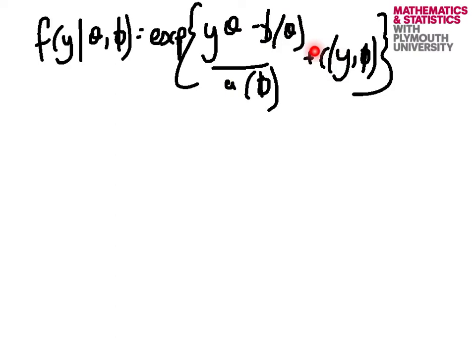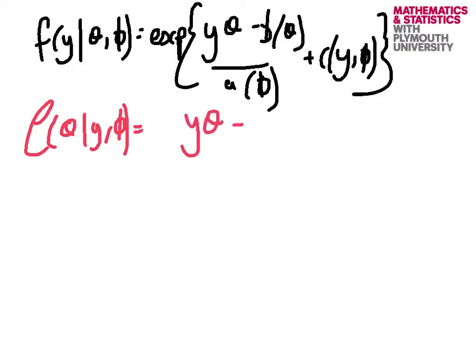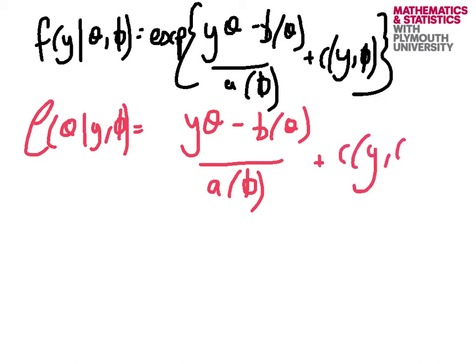And we can very easily turn that into a log likelihood function for theta, given y and phi. For a single observation, we're just going to take y theta minus b of theta divided by a of phi, plus c of y and phi. That's for a single observation.